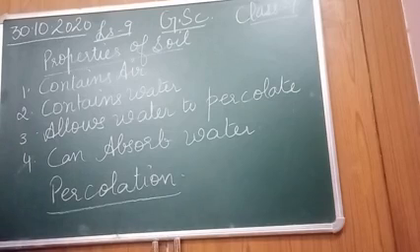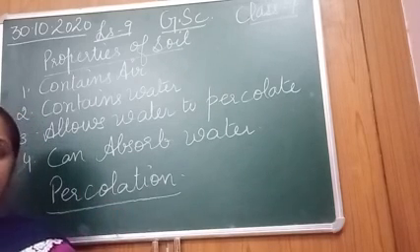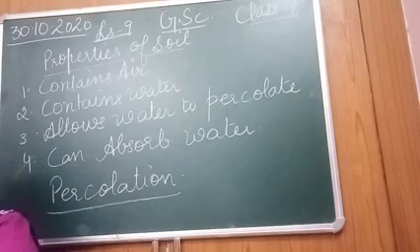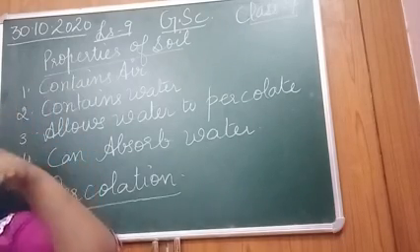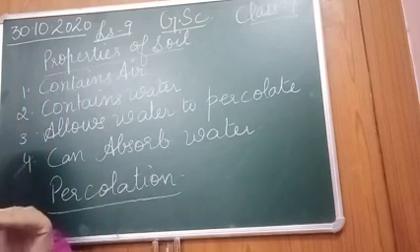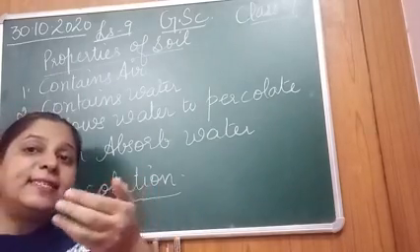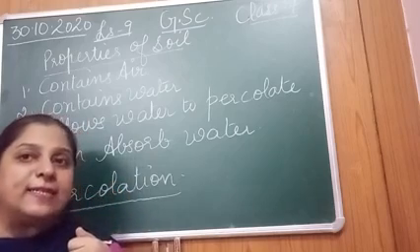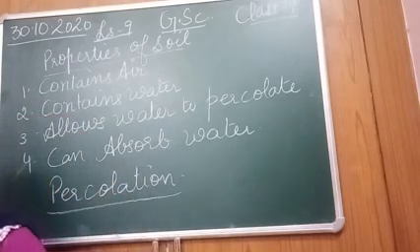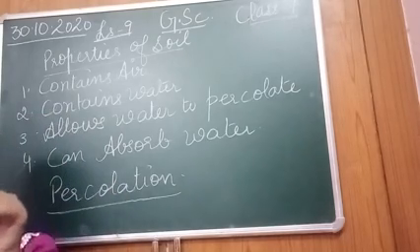Bache, you know soil has some spaces in it, air spaces in it. When you pour the water over the soil, what happens? Some of the water is absorbed by the soil particles, while some water goes down. It passes down the soil.